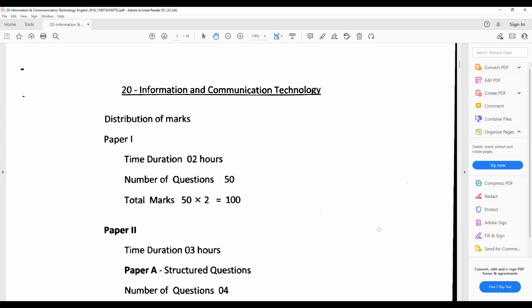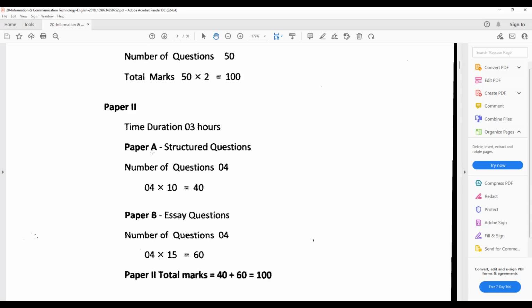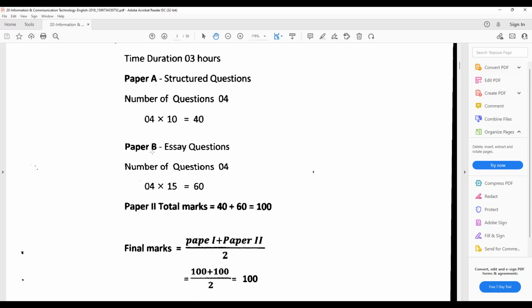Since you are familiar with this exam, I want to discuss how the questions have been set up. So there will be two papers, paper one and paper two.